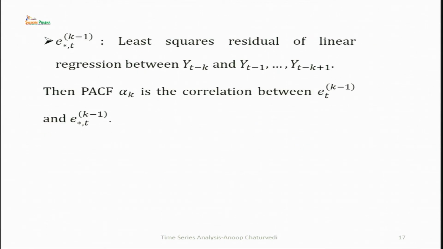Similarly, E star t k minus 1 is the least squares residual of linear regression between yt minus k and these intermediate values. Then the partial autocorrelation function PACF alpha k is the correlation between E t k minus 1 and E star t k minus 1. So, the definition of partial autocorrelation function is very similar to the partial correlation coefficient. We have actually adopted a similar kind of approach.